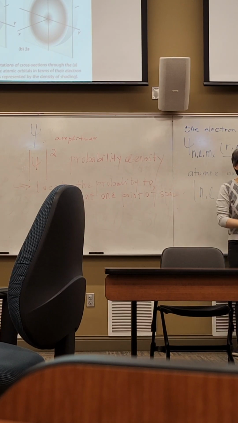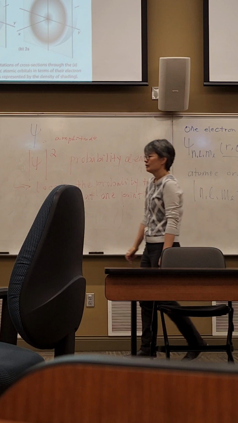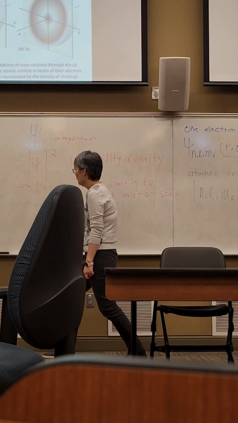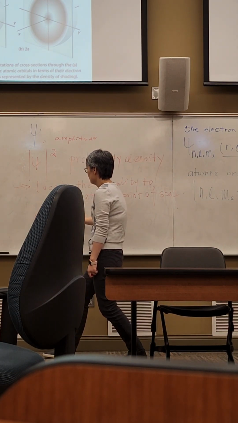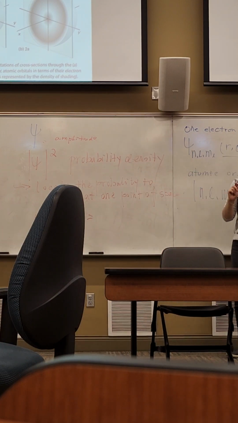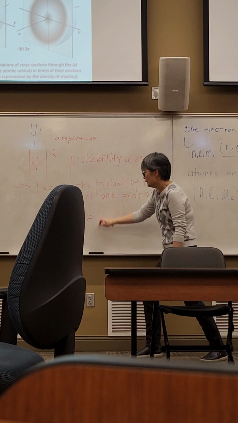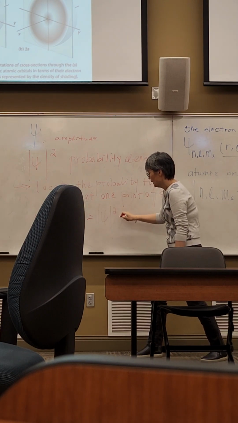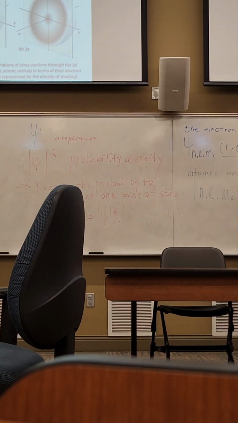the particle right at one position. Okay, now how do we do that? So the probability at a particular point equals the square modulus, the density, times d tau, the density times the small volume at that one location.